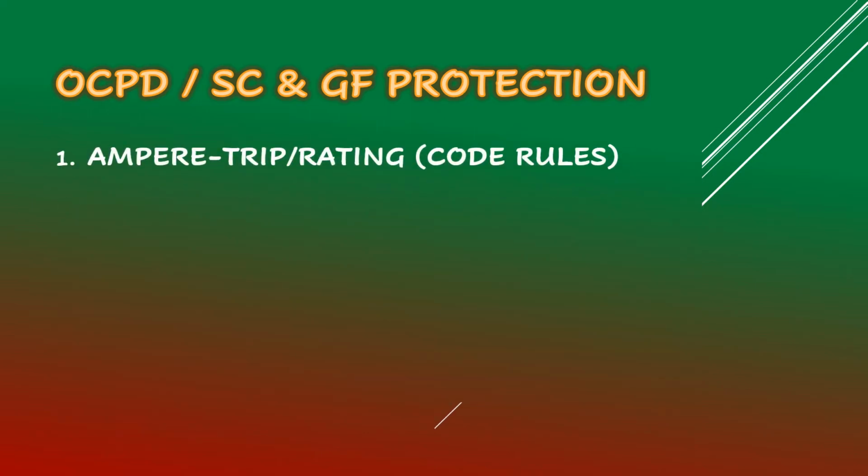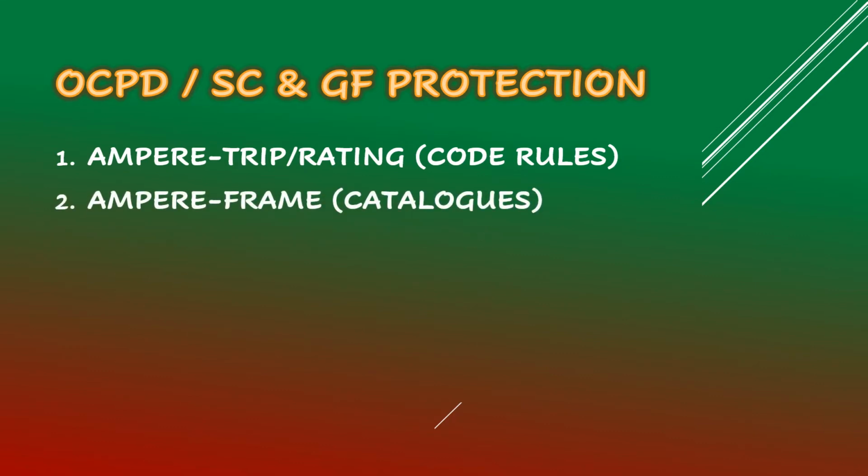So what are we going to design in this short circuit and ground fault protection? What are we going to determine? Number 1, we have to determine the ampere trip rating, and this is given by the code rules. Number 2, ampere frame if required.